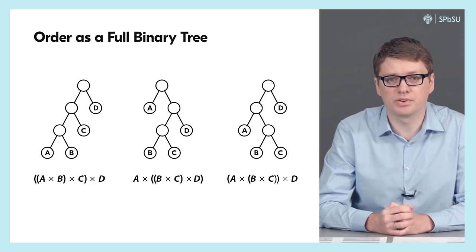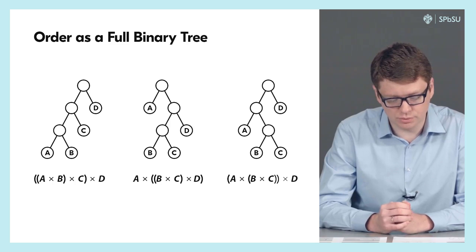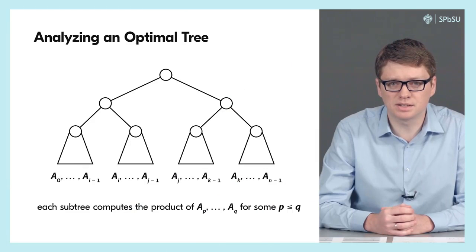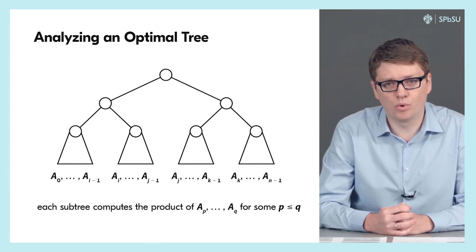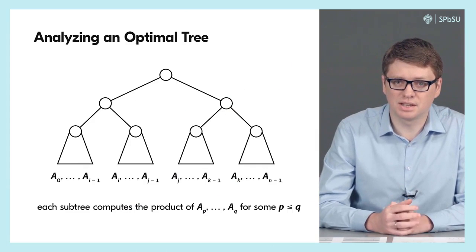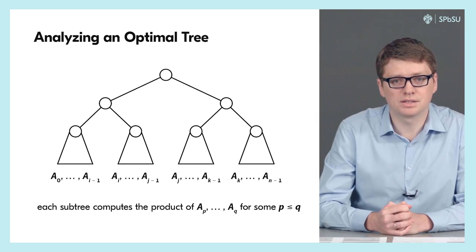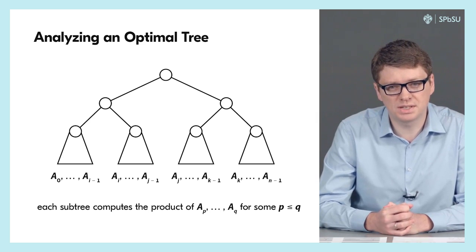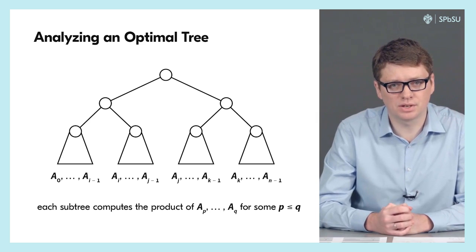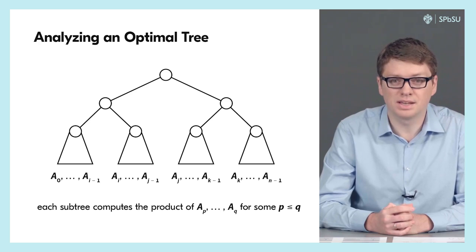The second one corresponds to the order where we first multiply B by C, then multiply the result by D, and then finally we multiply A by the result, and so on. So in general, if we consider such a tree not for 4 matrices but for n matrices, and let's consider its 4 subtrees, then what we see is that the left subtree multiplies matrices starting from A0 to, say, A(I-1).